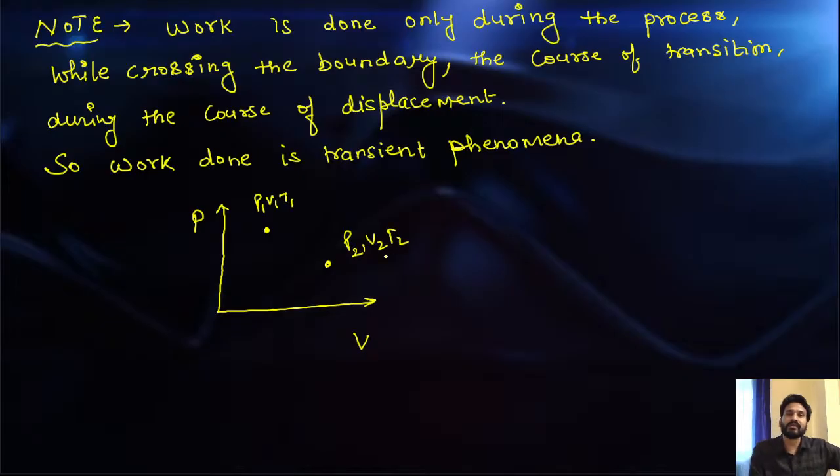There is no sense of work done at any single point. If we are going from A to B, then work done makes sense. So this is basically called transient phenomena. This is the only meaning. It is called transient phenomena. Is it clear to you?